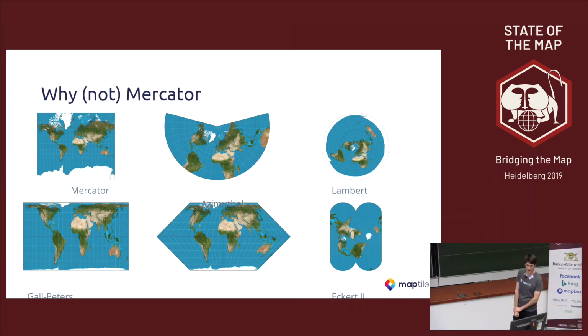Not everybody here has a GIS background, so what are the different projections or coordinate systems? The issue is that the globe is a kind of round, 3D object. Unfortunately, it's not flat, otherwise it would be really easy. We are trying to put this 3D globe onto two-dimensional screens or paper.